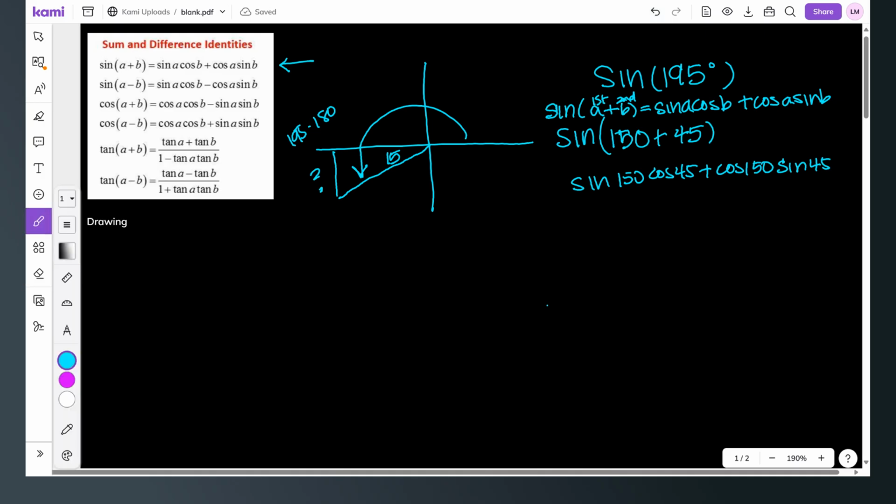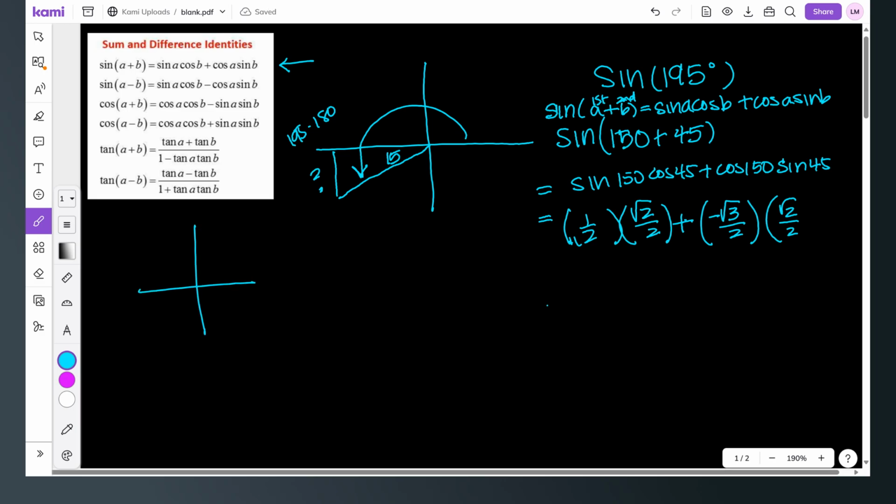Now I use my unit circle to find the sine of 150, which would be 1/2, the cosine at 45, square root of 2 over 2, the cosine at 150, which would be negative square root of 3 over 2, and the sine at 45. I'm just going to draw those over here, and you can use your unit circle if you want to, or you can draw it. 150 is a 30 degree reference angle.